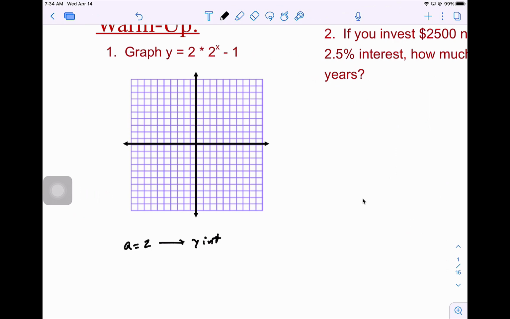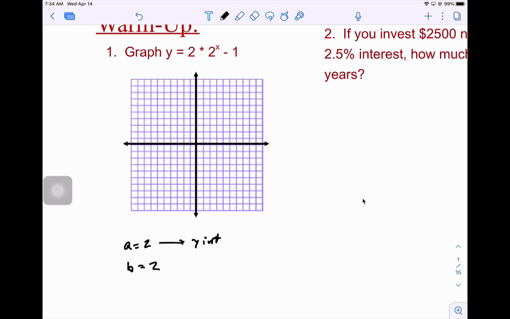And that's what's going to get shifted with our horizontal and vertical shifts. Okay? What's my B value in this equation? Elias, what is it? 2. Yeah, it's also 2, which tells me what about the graph? What does B tell you?